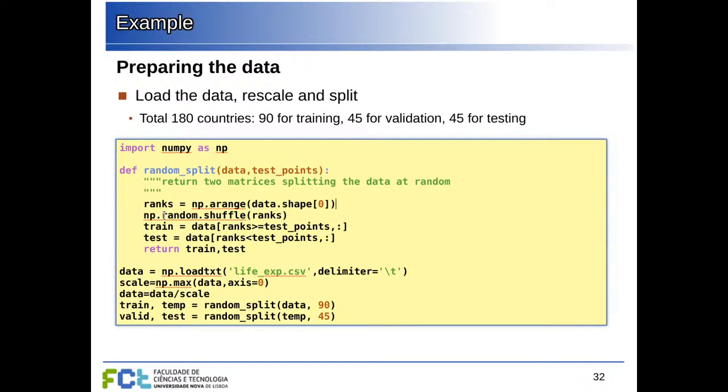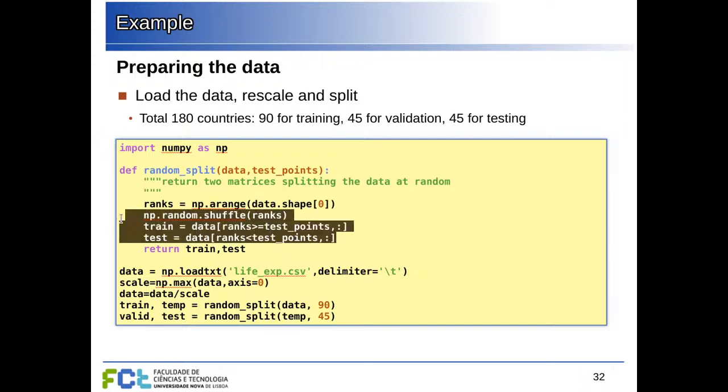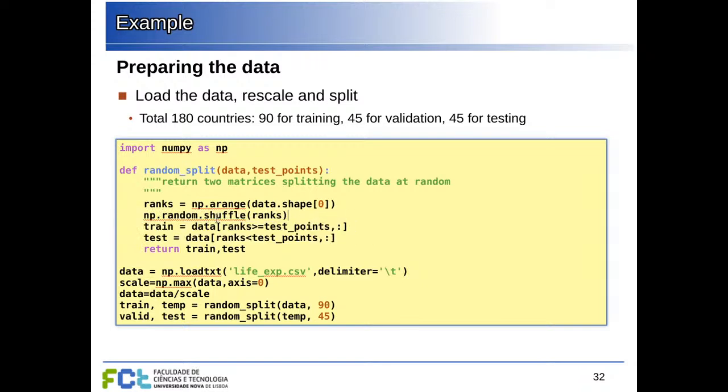Now, from the random module in NumPy, we're going to use this shuffle function that shuffles an array in place. So this will shuffle all the values in ranks, so they are now in some random order. And now we can easily split the data by using this Boolean indexing on the rows. So this compares these shuffled indices in the ranks vector with the number of test points that we want.